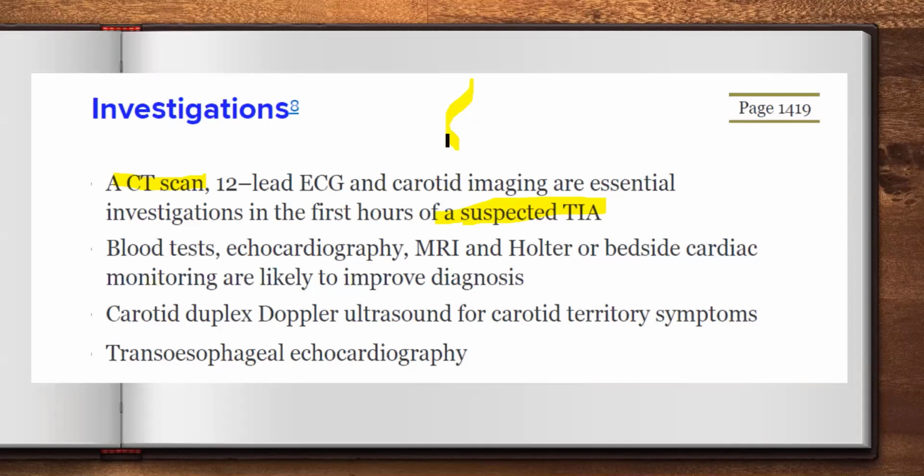So you do an echocardiogram to rule out that thrombus. You do a carotid Doppler also to rule out carotid artery stenosis. The most important thing that you do is CT scan. CT scan should be done for every patient at risk of getting a stroke, especially the 70-year-old patient.